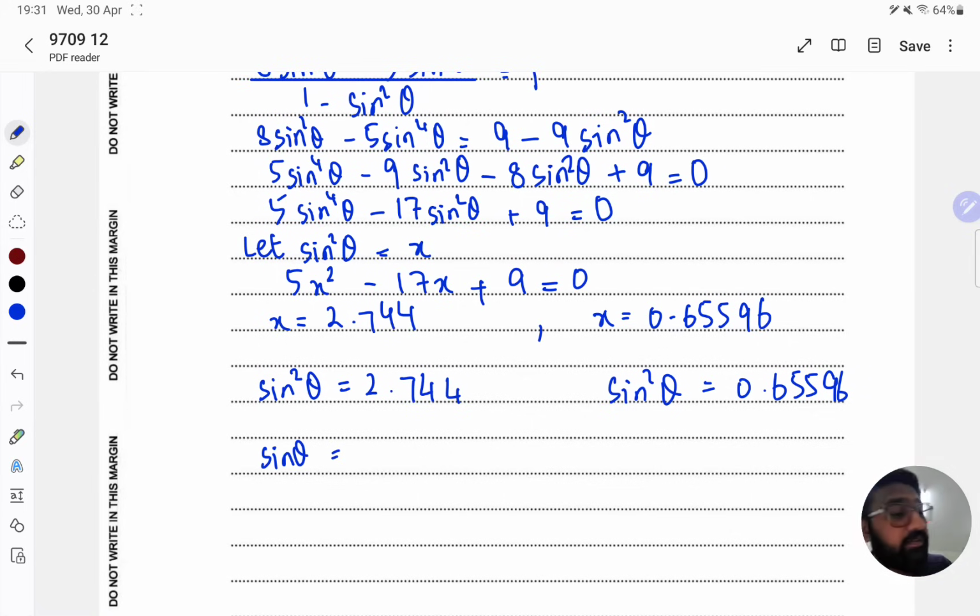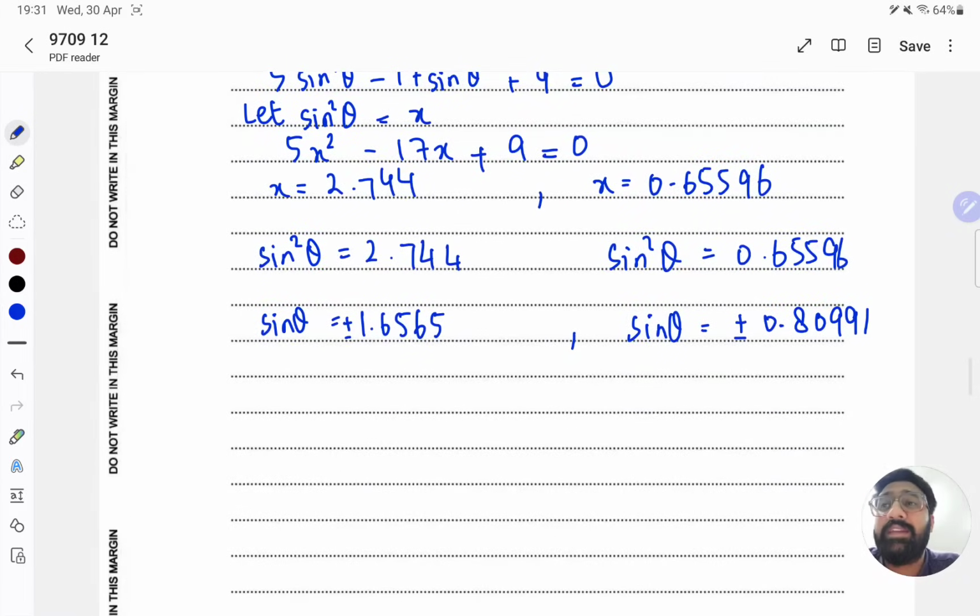So sin theta will be equal to the square root of 2.744. So it is basically 1.6565, and obviously it has to be positive and negative both, and similarly for 0.65596, sin theta equals plus minus 0.80991.